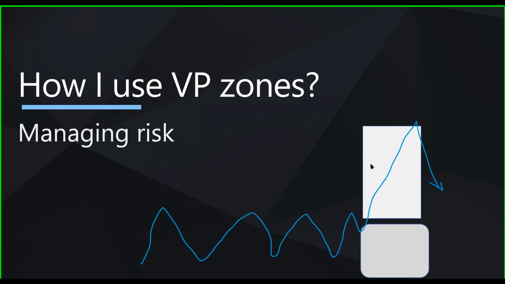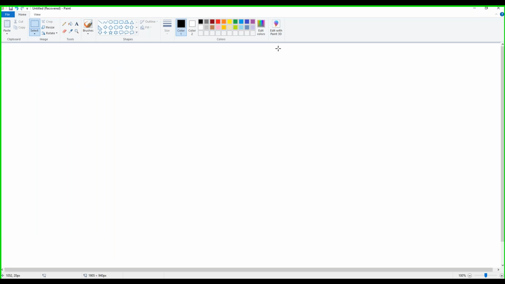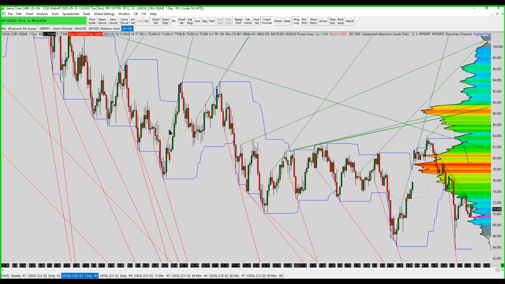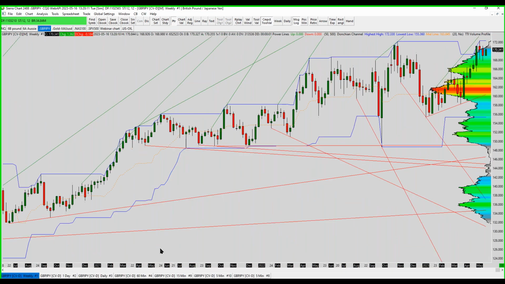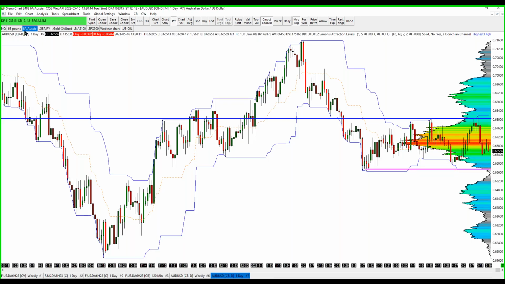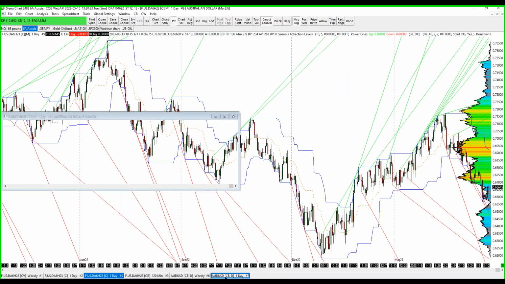Okay? Let's go and take a look at what I mean. We talked about zones. And they might look ugly because maybe some of you are not trained on how to see this. Even if you look at pound yen, for example, or Aussie futures, and Aussie spot Forex, this is Aussie USD, right?